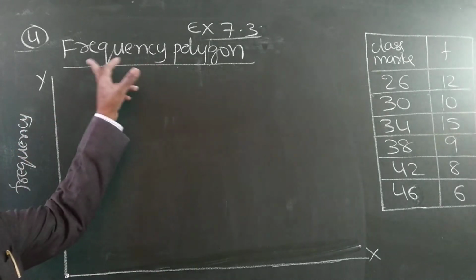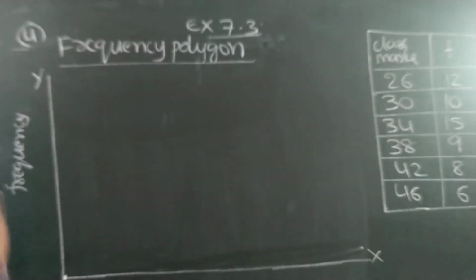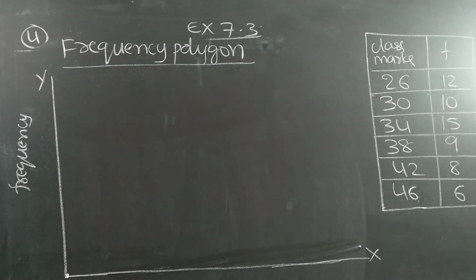How to draw this frequency polygon? Mid values here, frequency here. Mid values, frequency.